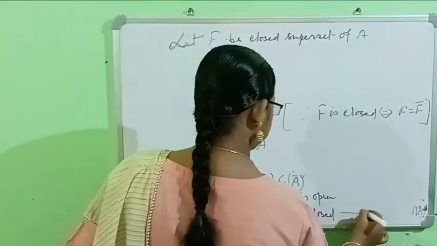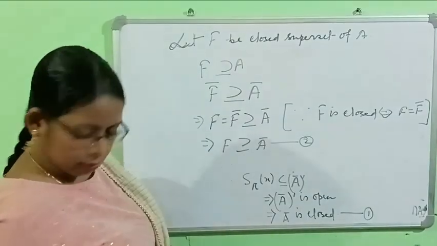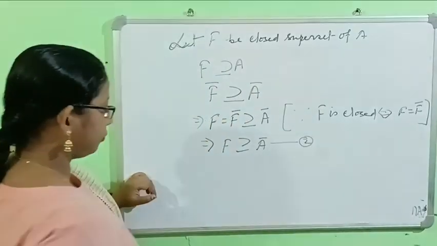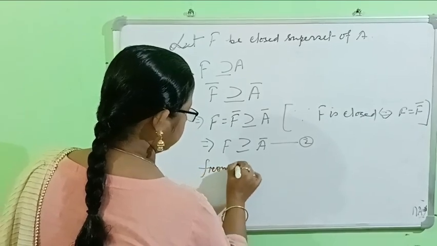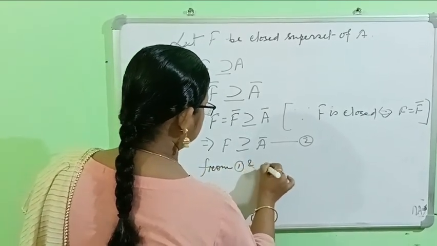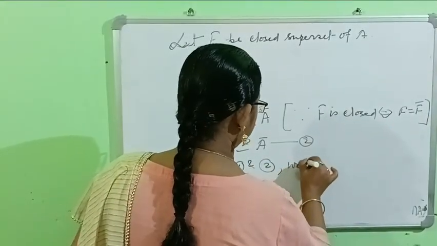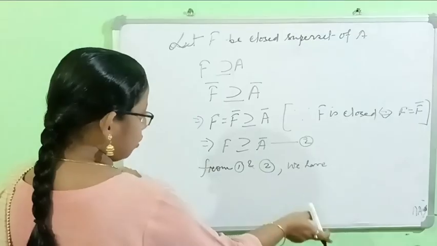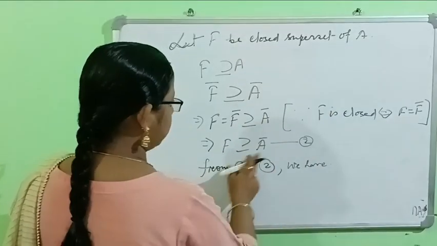From 1 and 2, we can conclude that A closure is closed and any closed superset F of A contains A closure.